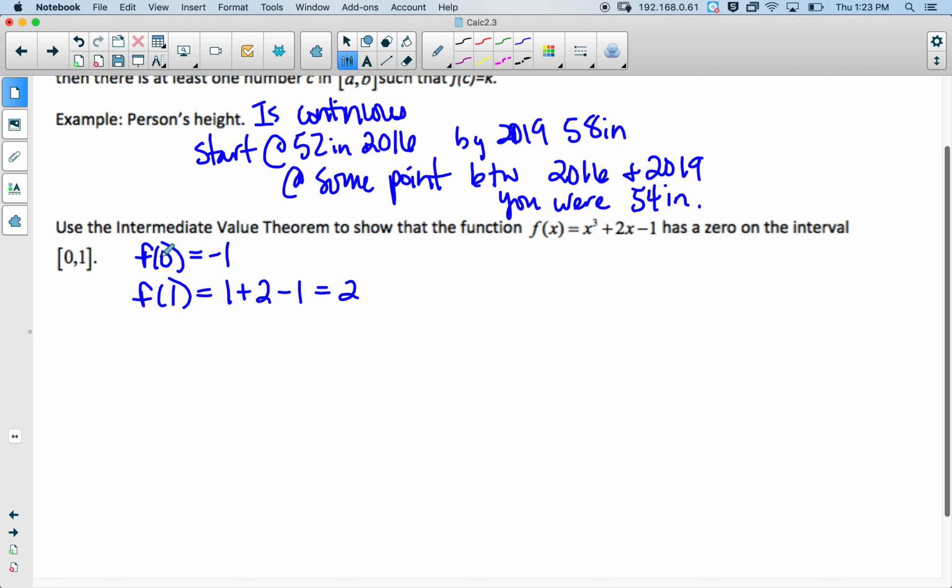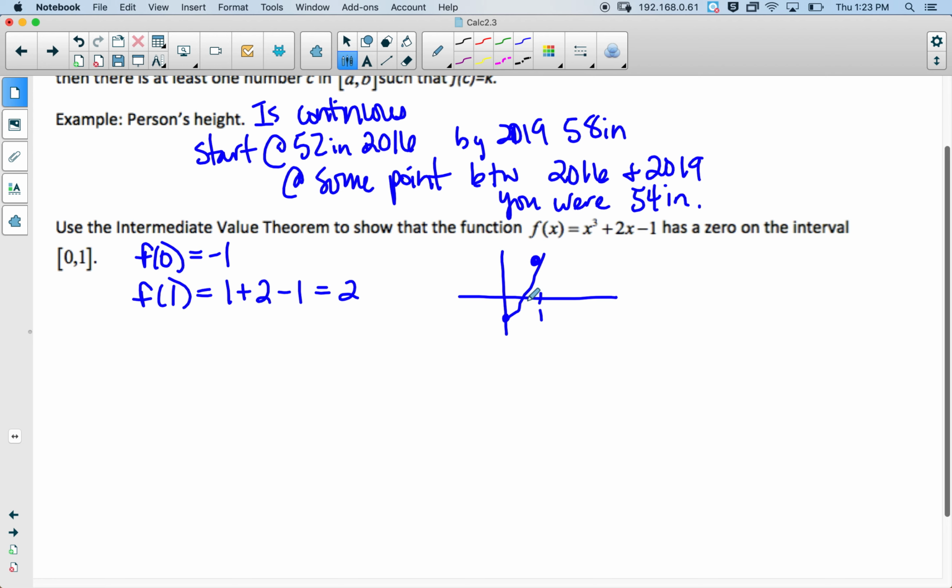So I know that between 0 and 1, the function at some point equals 0. So let's sketch that out. If I start at -1, and then at f of 1, I'm up here at 2, I don't know what the behavior of the function is in between, but I know somewhere between 0 and 1, my function is equal to 0.